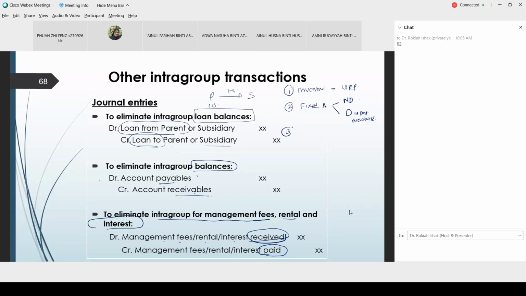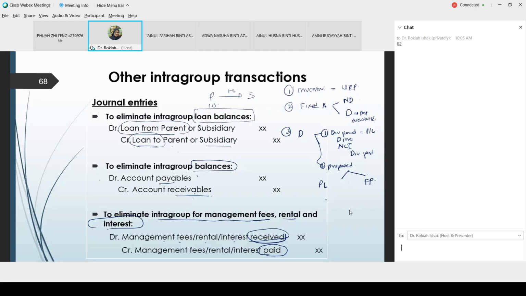The third one is dividends. For dividends, you have two types. The first is dividend paid, which only involves your P&L account: debit dividend income and NCI, and credit dividend paid. The second is proposed dividend, where you only declare a dividend. For a proposed dividend you need two journal entries: one for P&L and one for the statement of financial position.